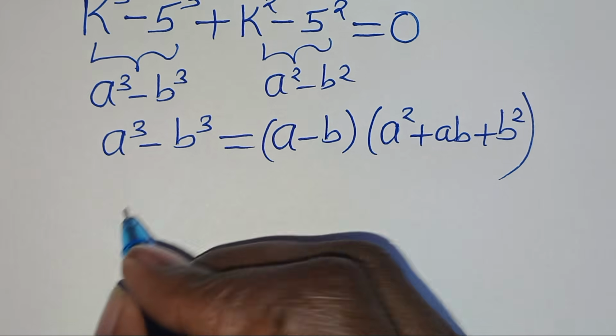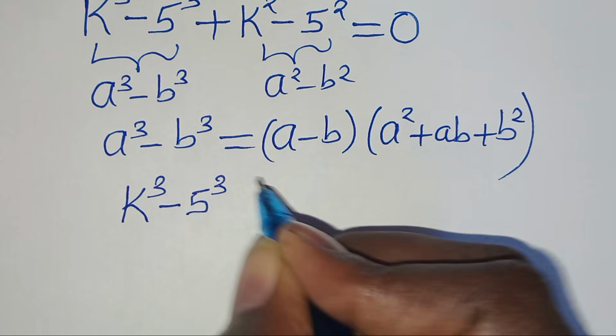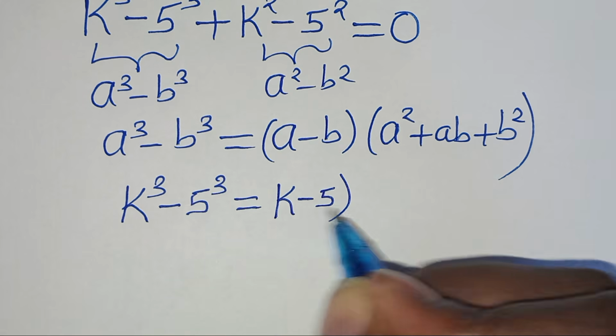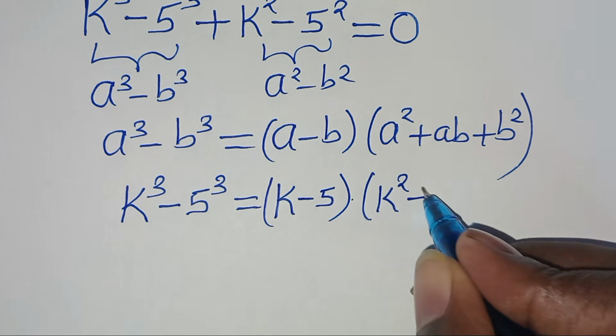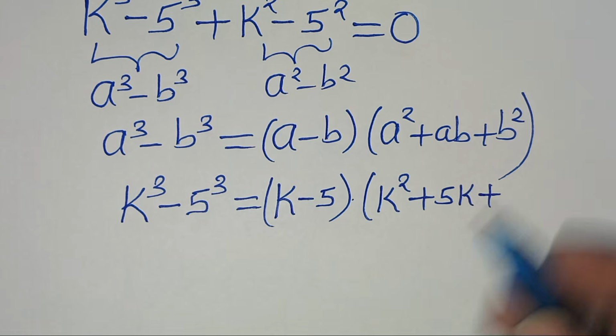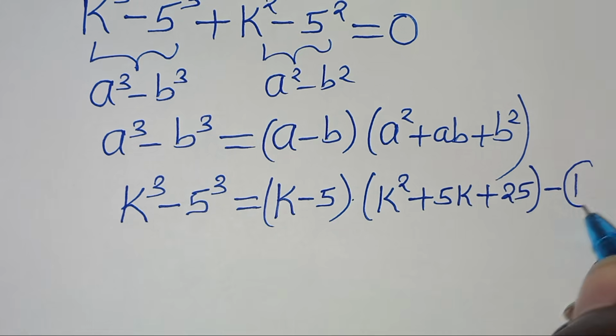So we have k to the power of 3 minus 5 to the power of 3. This is the same thing as k subtract 5 times k squared plus 5k, then plus 5 squared. This is 25. Let's call this the first part.